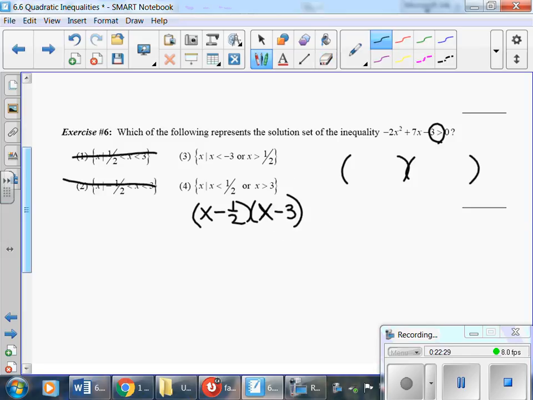And this one's going to give me x plus 3 and x minus 1/2. So you can see which of these is going to give our solution. You could multiply these out to see which one gives you that solution. And when you do that, this is the answer you get. If you try to factor it, this is what you would end up with.